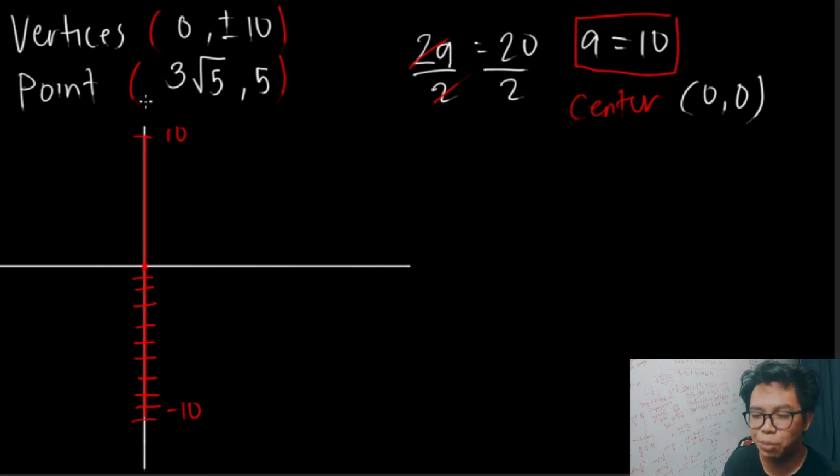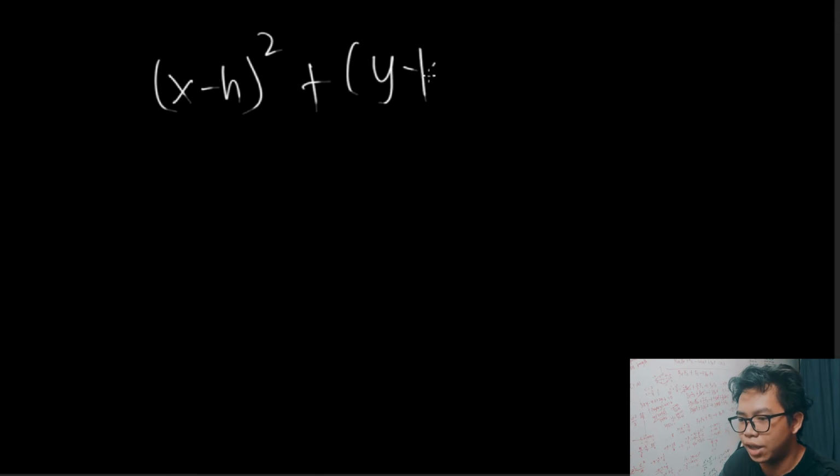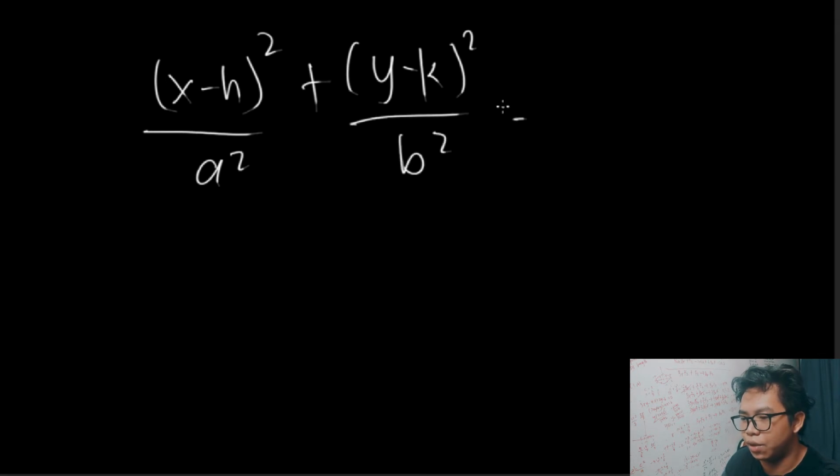Anong next? Ito, point. Paano pagka may given na point? Ang gagawin natin, iko-construct na natin agad yung equation ng ellipse, which is x minus h squared over a squared plus y minus k squared over b squared equals 1.